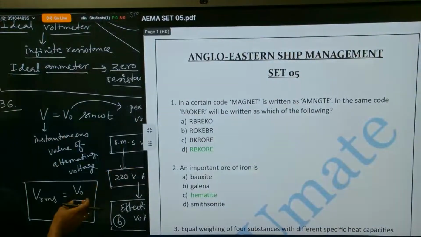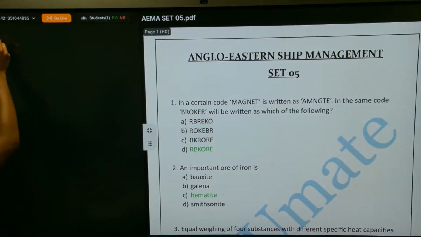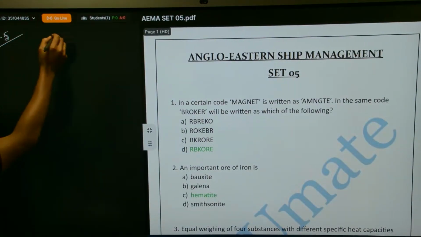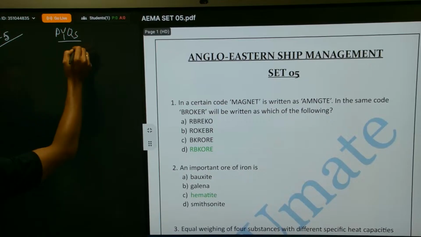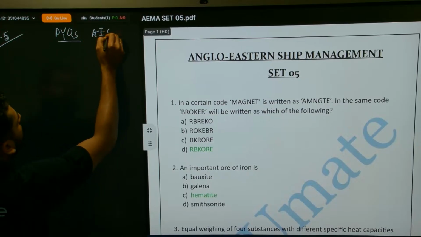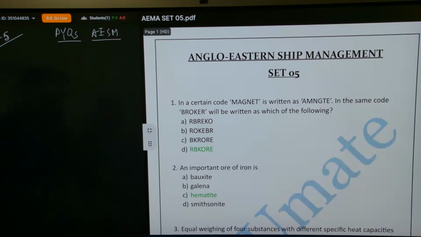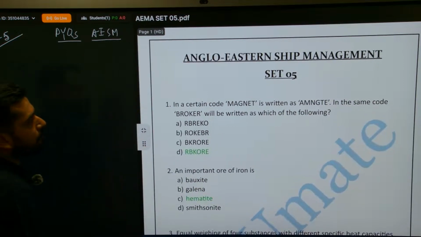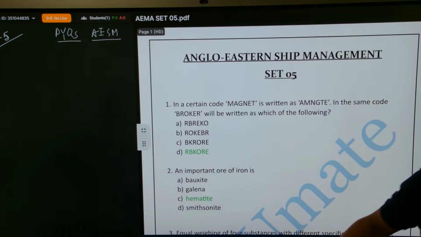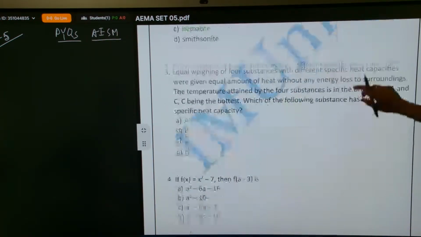This is set 5. Okay, now look carefully. Don't miss a single question.